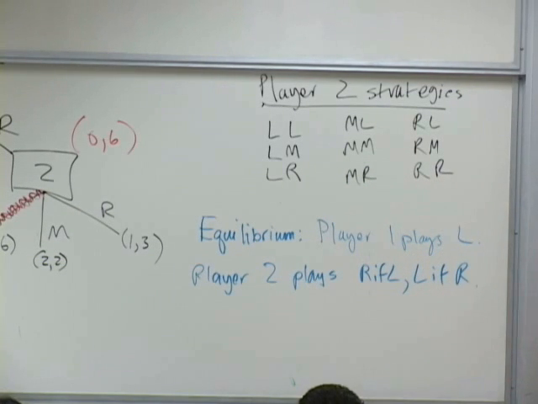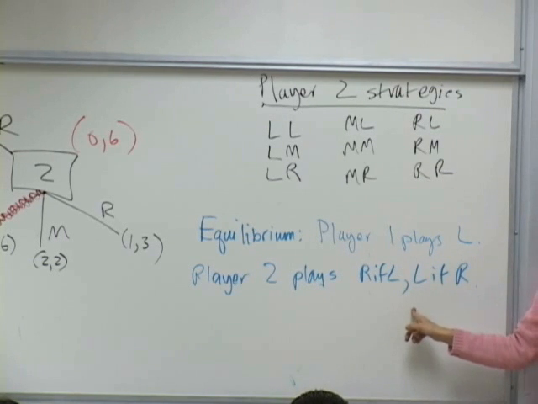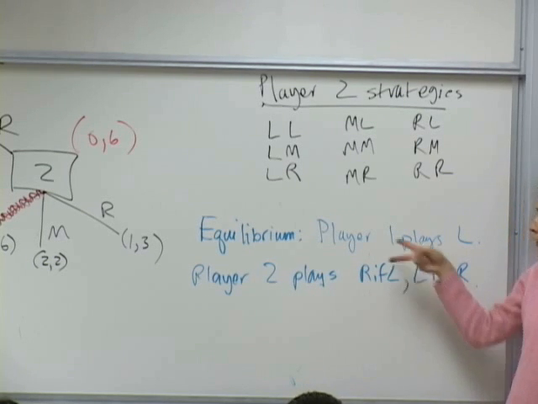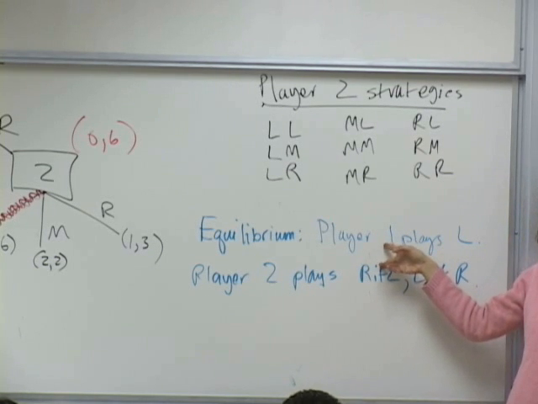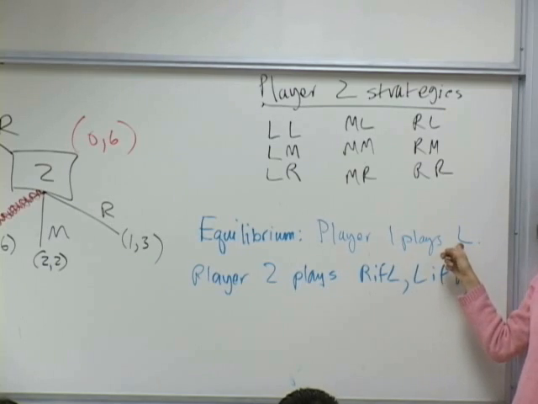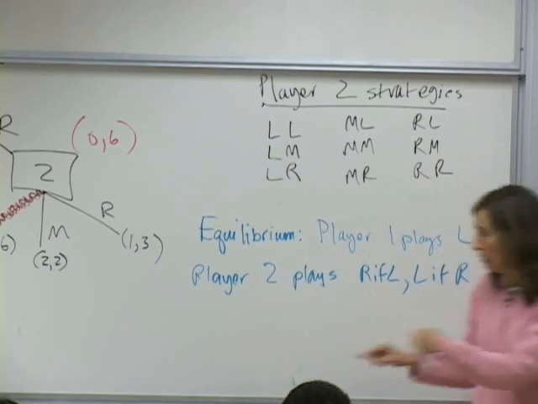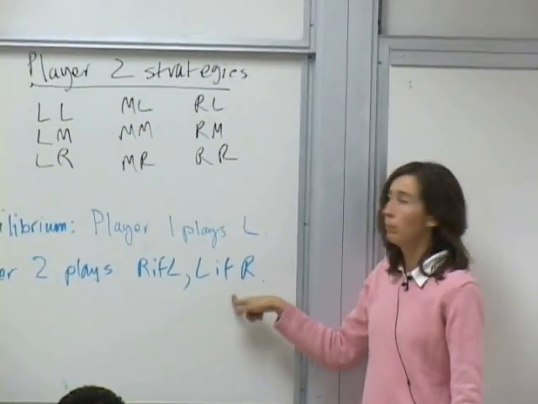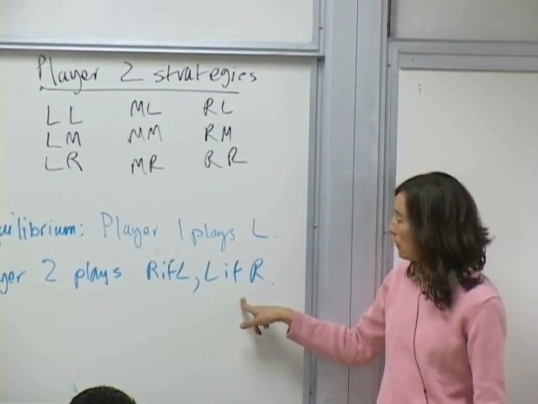Okay, so again, equilibrium has a strategy for each player. Each strategy has an action for each node. Okay, 2 players, 2 strategies, 1 node, 1 action in player 1's strategy, 2 nodes, 2 actions in player 2's strategy.